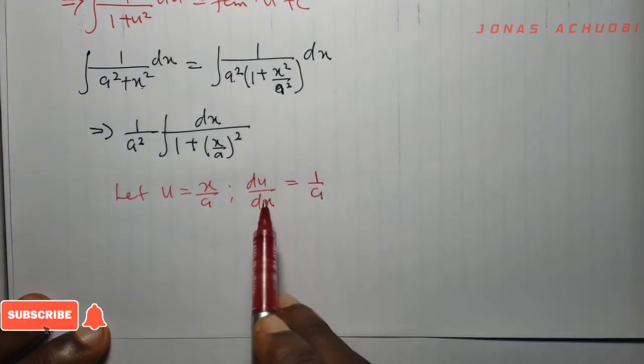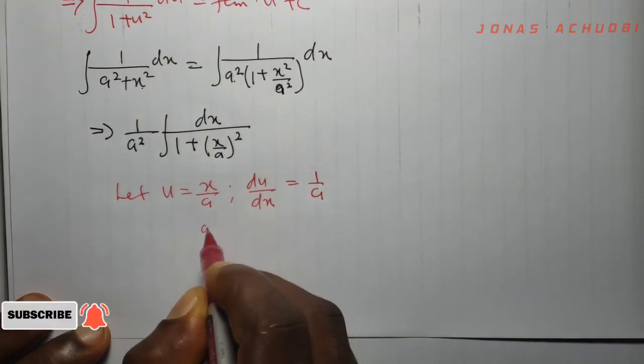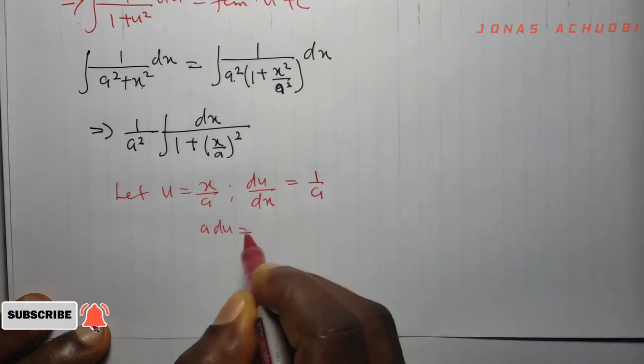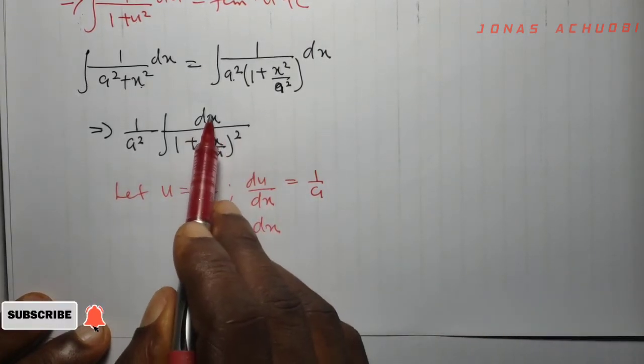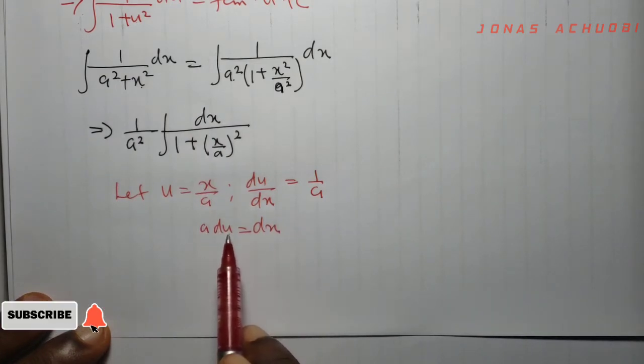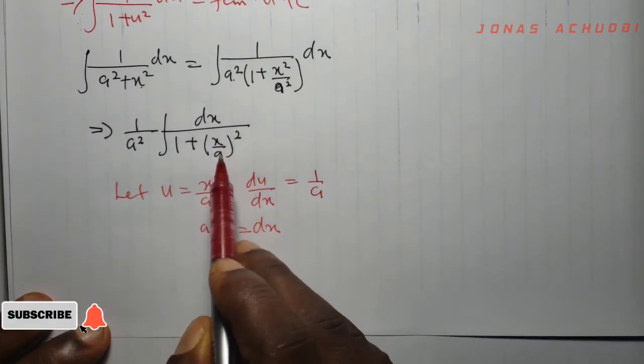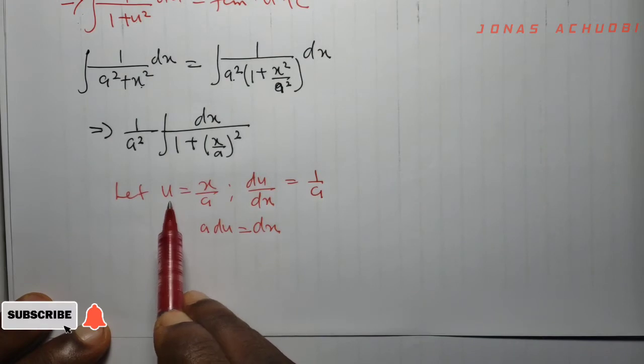If we now make dx the subject, cross multiplying, we have a du is equal to dx. So back to our integral, where we have dx, we shall replace it with a du, and where we have x over a, we shall replace it with u.